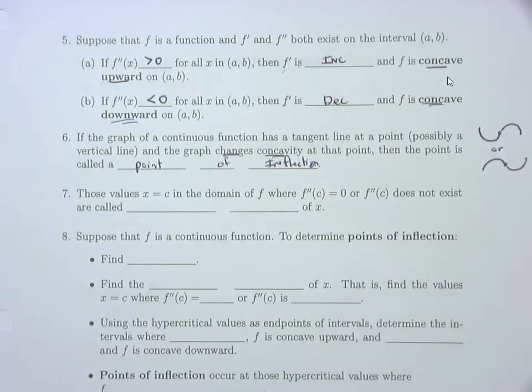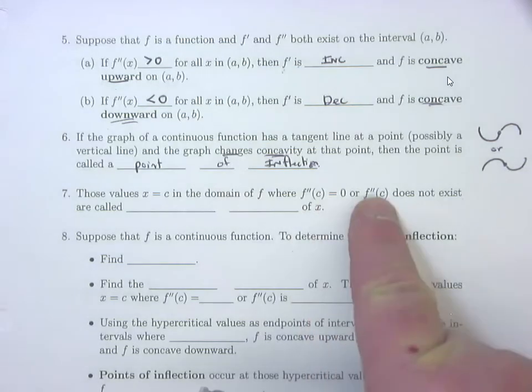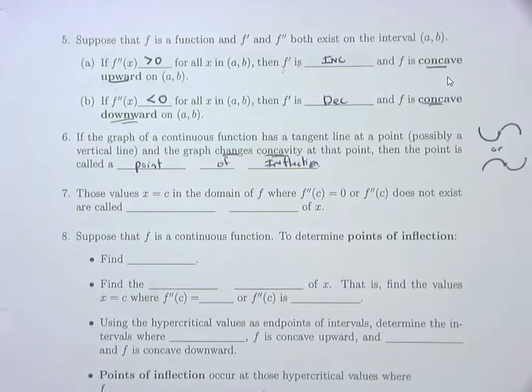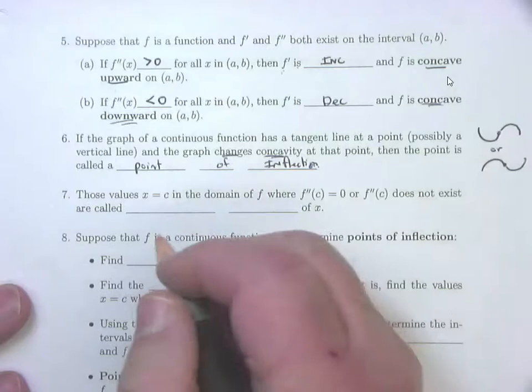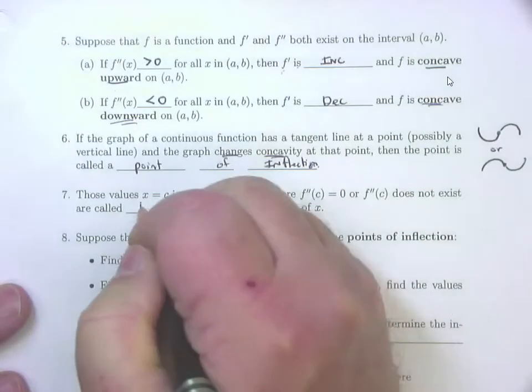Now here's a classic term for that. Those values x equals c in the domain where the second derivative at c is equal to 0 or the second derivative does not exist are called the blank blank of x. And I will rarely ever call it this thing, but they're called the hypercritical values.